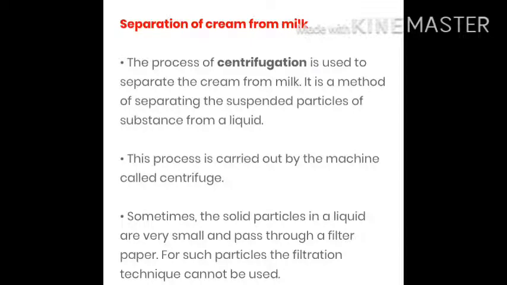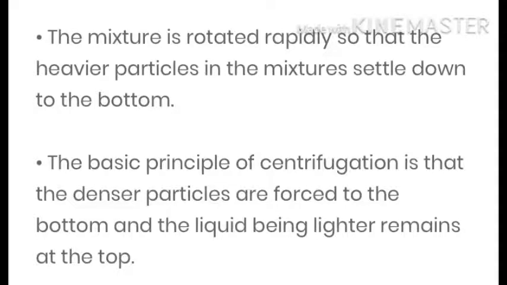For example, when milk is rotated at high speed in a centrifugation machine, the lighter fat particles collide with each other to form cream which stays on the surface, while heavier particles of the milk are forced to come to the bottom. As a result, separation occurs and the cream is collected from the outlet provided near the top of the machine, while the milk is collected through an outlet provided near the bottom of the machine.